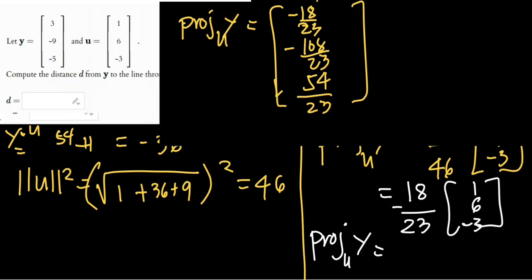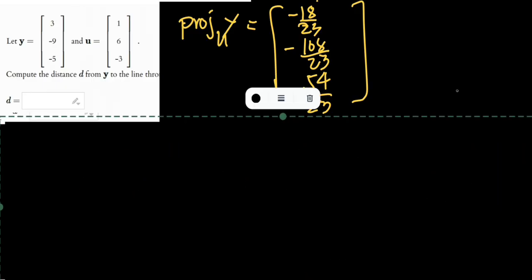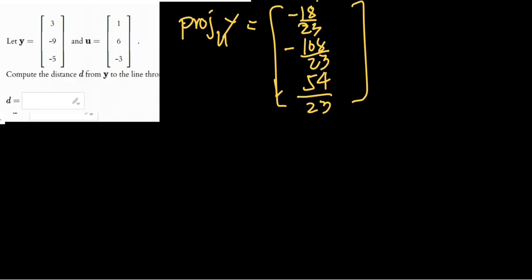And now we need to calculate the distance from y to the origin. So that would be y minus w sub 1. What is y here?